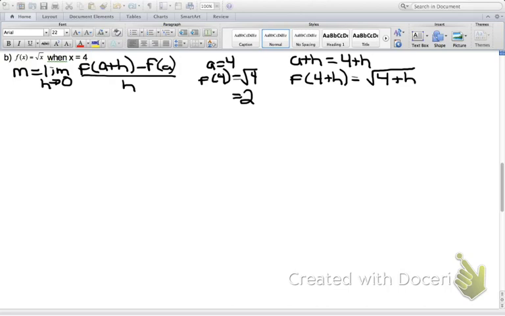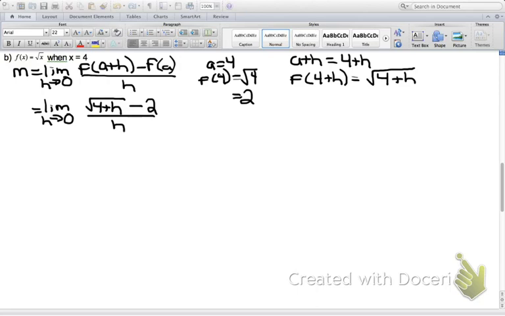We can now sub those values into our equation here to find our slope of the tangent. So we have the square root of 4 plus h minus 2, all over h.